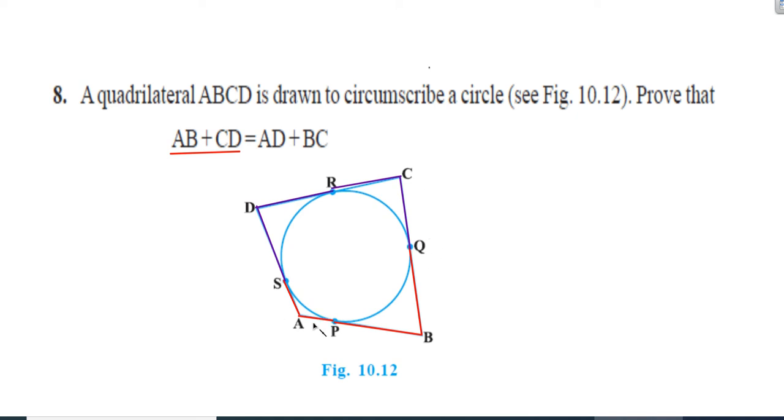Now regroup it. AP plus PB you can take as AB, DR plus RC you can take as DC. You will get AB plus CD is equal to AD plus BC.